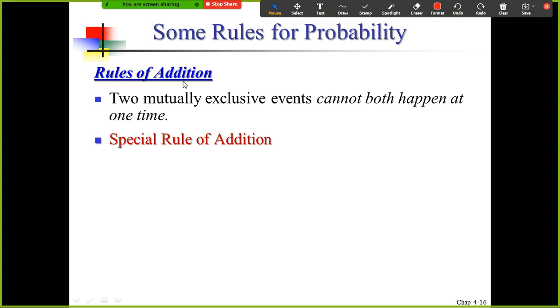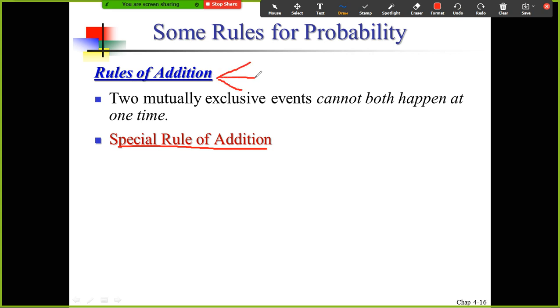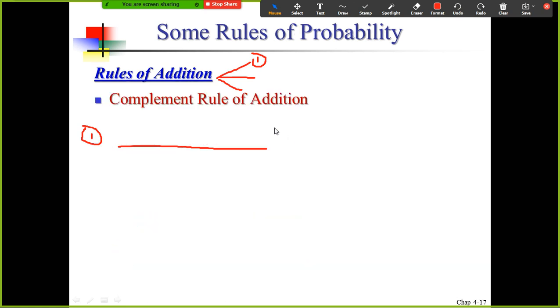Okay, so the rules of addition are also divided into 3 sub-rules. The first, special rule of addition. The second, complement rule of addition.